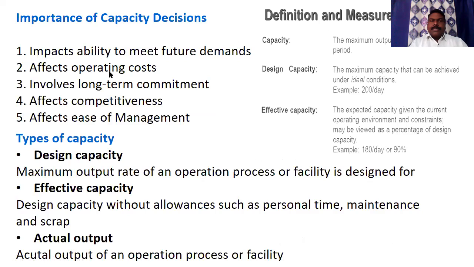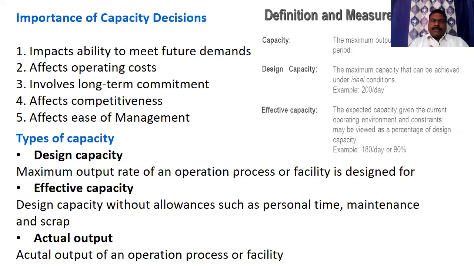If you do capacity planning only, then we can meet the demands. It affects operating cost. In case of high demand, high costing will be there. If it is low demand, also costing will be there.